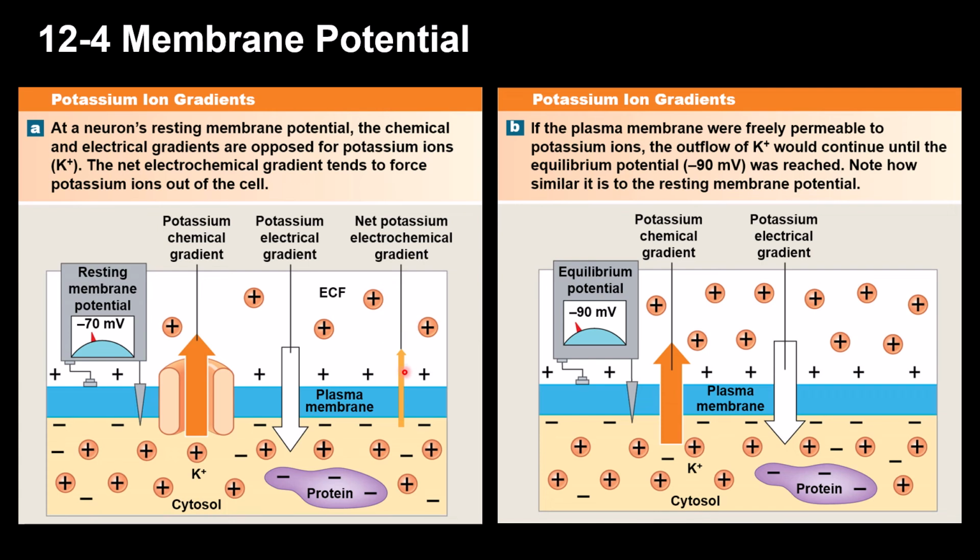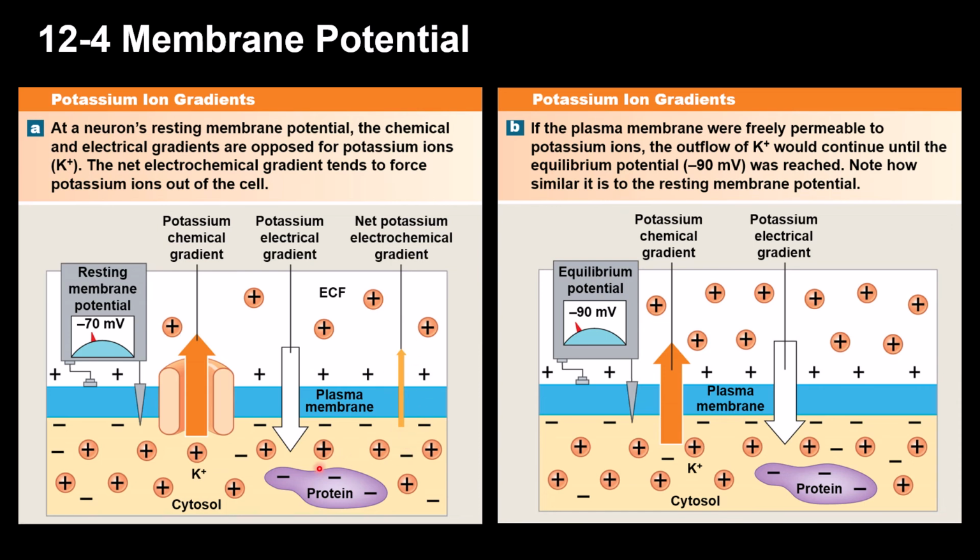It's not that high. Although inside the cell is negatively charged, okay, so the potassium is positively charged, so the potassium enters the cell, if you're thinking only about the potassium. But there's also sodium normally there, so this is why the net potassium electrochemical gradient is not as much.